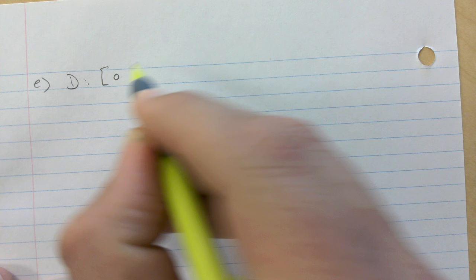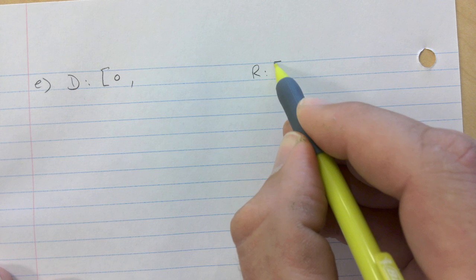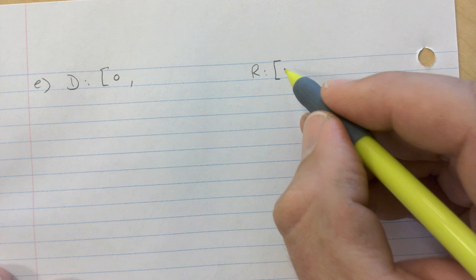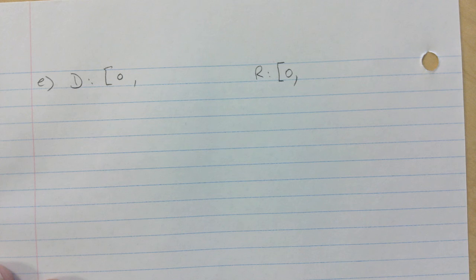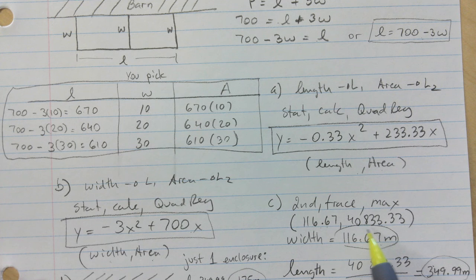Was it E? Yeah. So for domain, it's going to be this to something. For range, I already know what it is. It's going to be 0 to, watch here, I'm going to just show you. It's 40,833.33 because that's the maximum area, right?